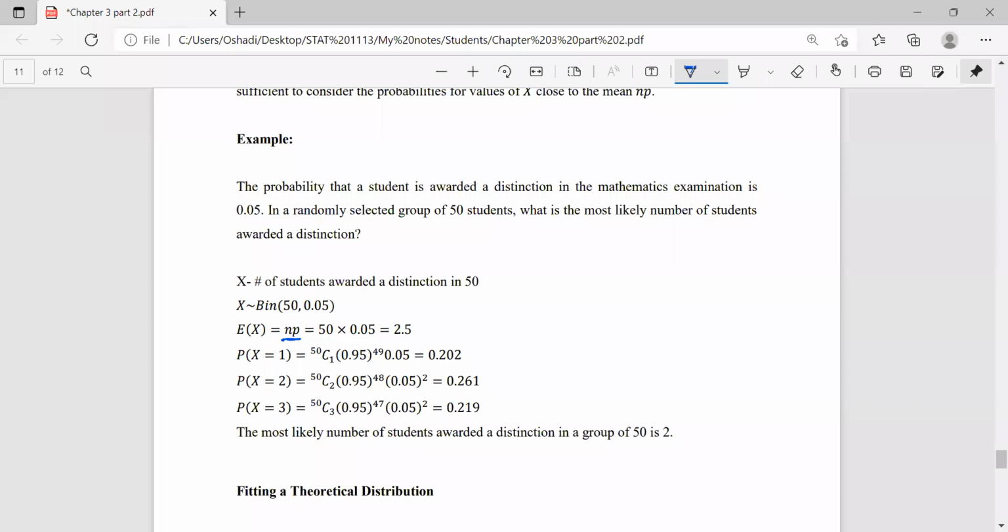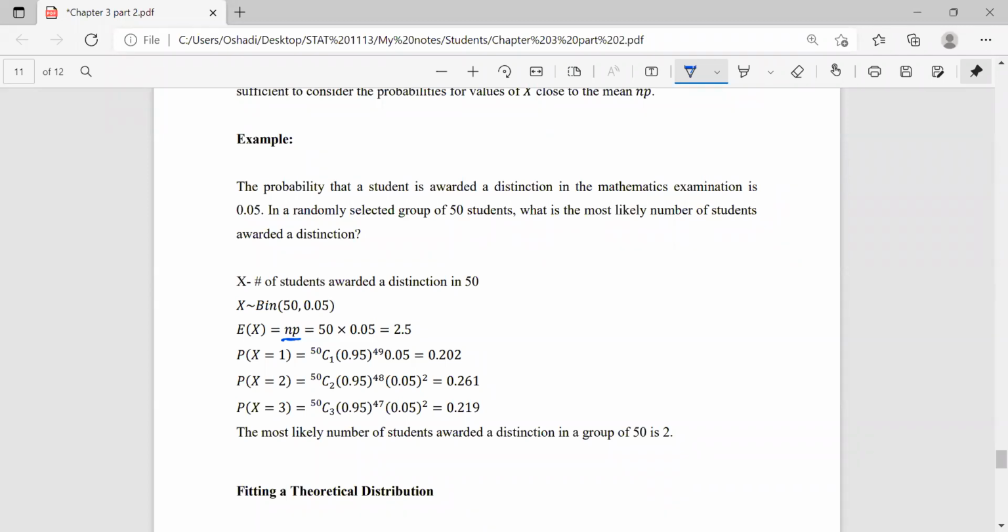We are finding probabilities somewhere around x equals 2.5, around some values, right? So we get 1, 2, and 3. If it is 1, from the binomial expression we can find the probability of x equals 1 is 0.202.